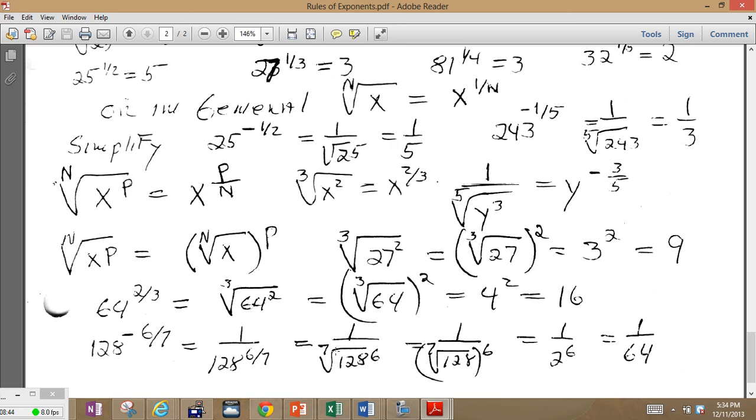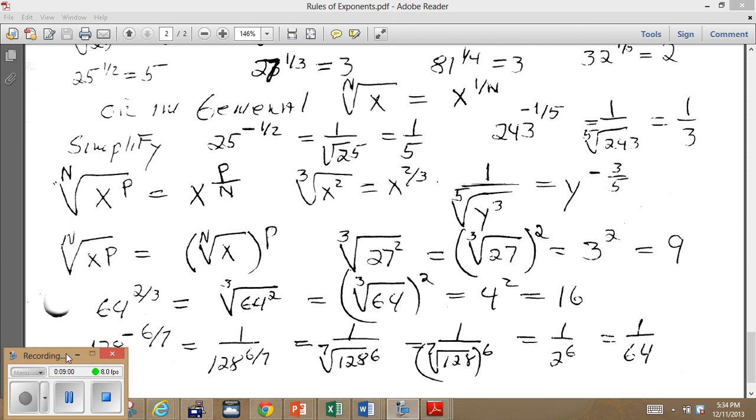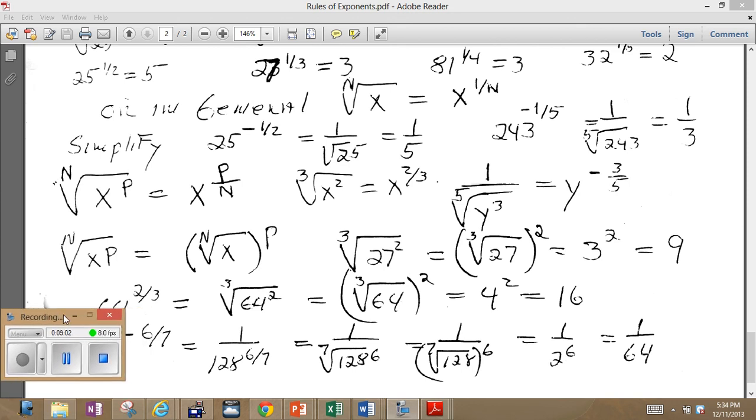So you need to recognize them as stated earlier. So again, the negative sends it to a denominator expression, 1 over the 7th root of 128, which is 2, to the 6th power, which is 1/64. So those are some examples you should be able to follow through with, okay? You'll have plenty to work on that I'll provide you with.